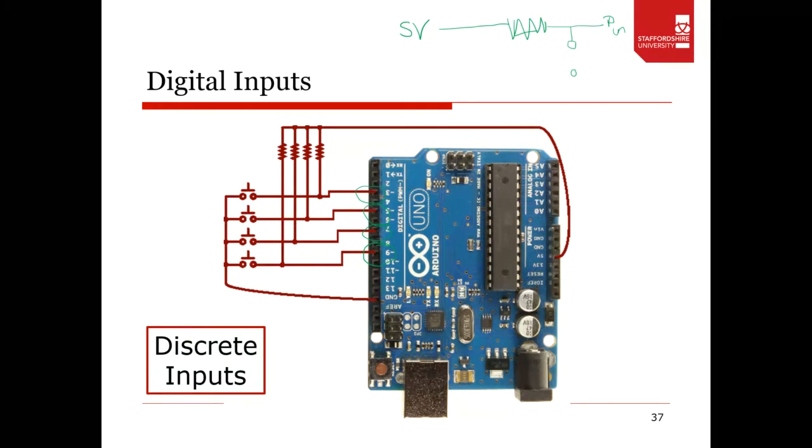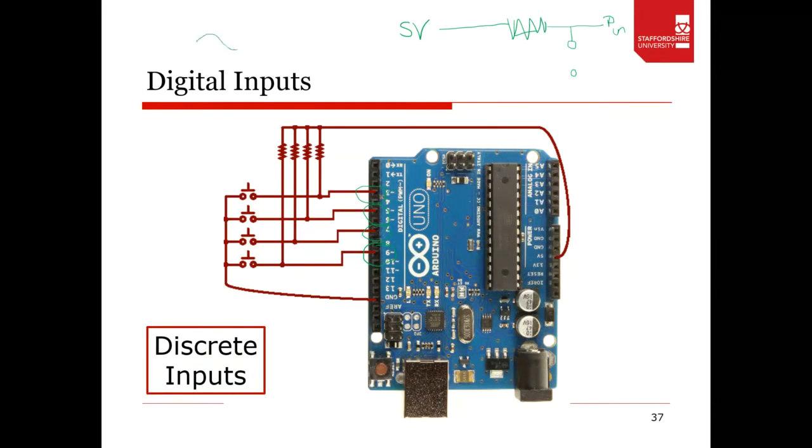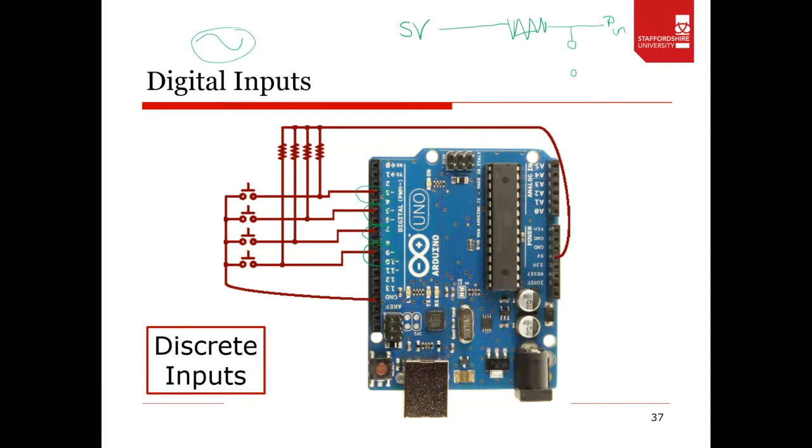Digital pins and analog. The input digital pins have the tilde sign that we mentioned last week. It means that they can be pulse width modulated.